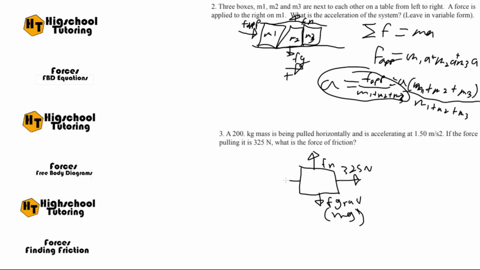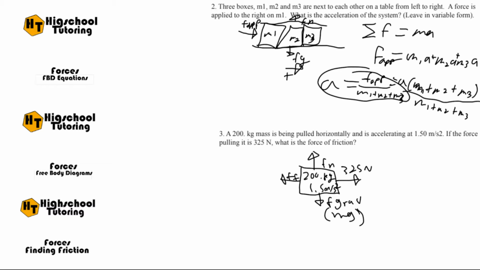And we want to find friction, so we want to find F of F. And it has a mass of 200 kg, and it is accelerating at 1.5 meters per second squared. So that is how we're looking at it here.